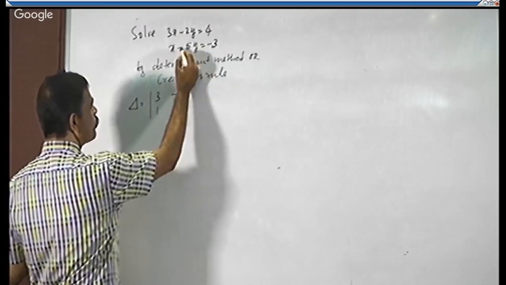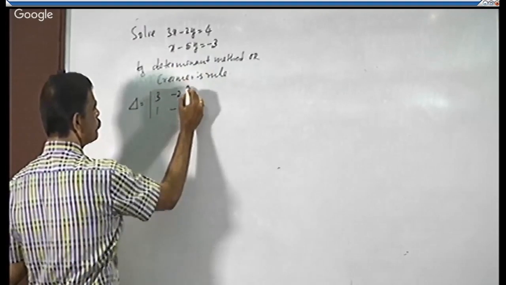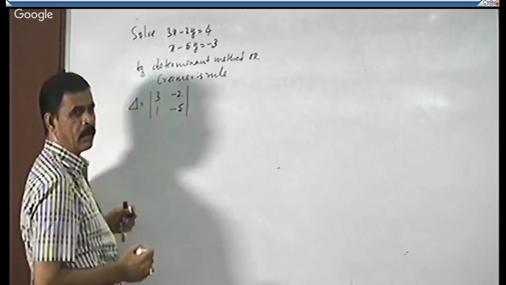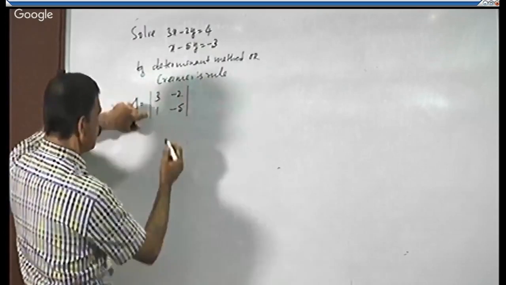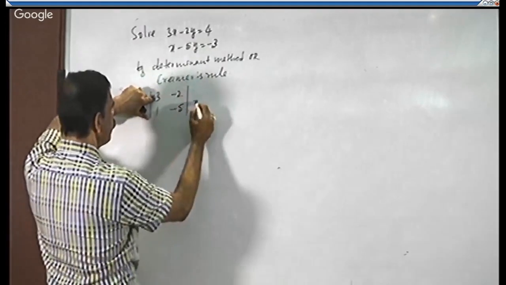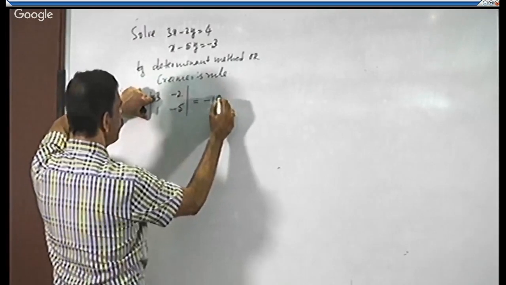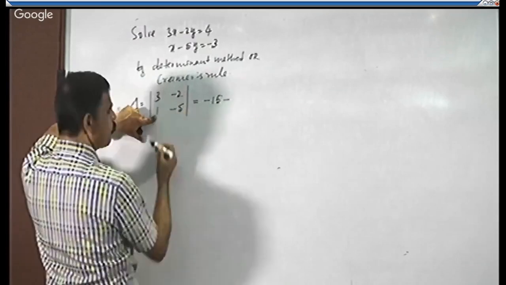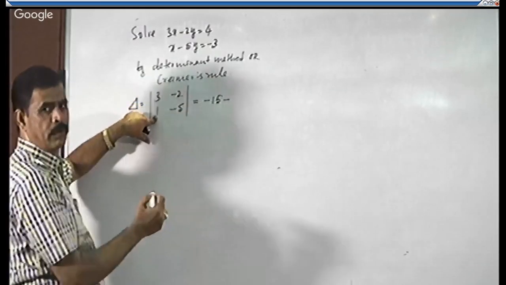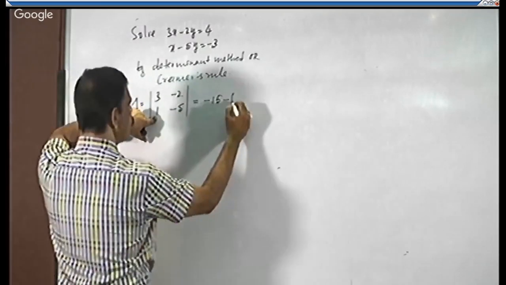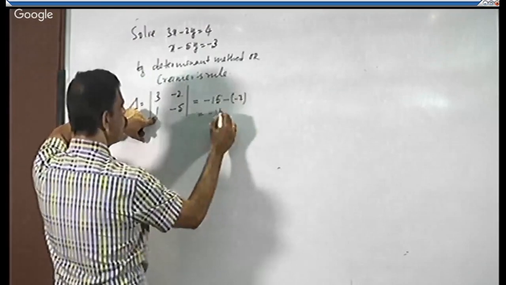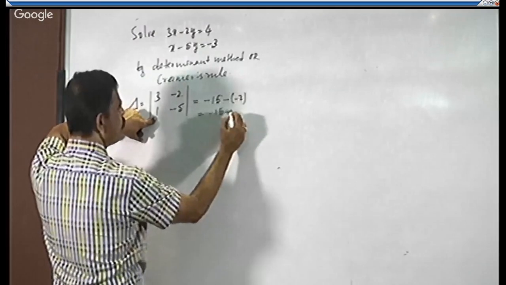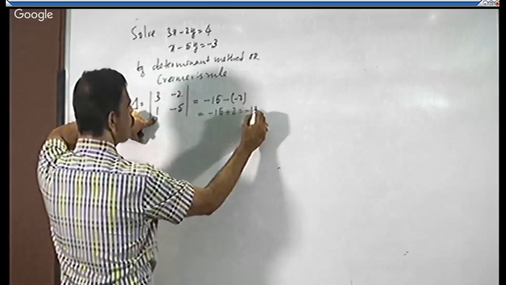Here the y coefficient is minus 5. We got a second order determinant. Expand it. 3 into minus 5 is minus 15. Formula minus the product of these two, 1 into minus 2, is minus 2. Minus 15, minus into minus, plus 2. It is equal to minus 13.